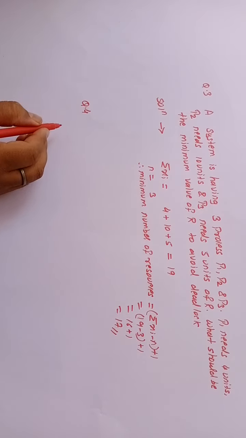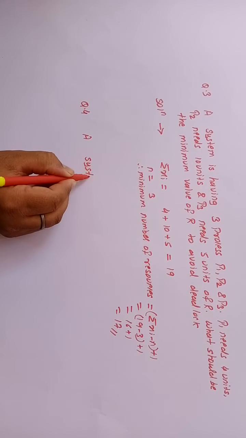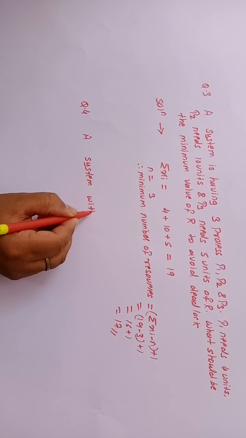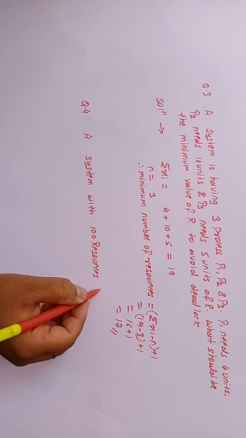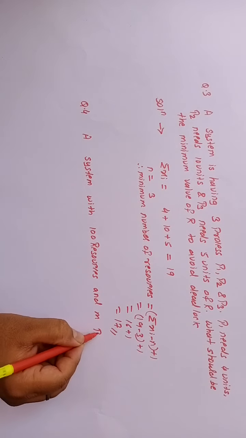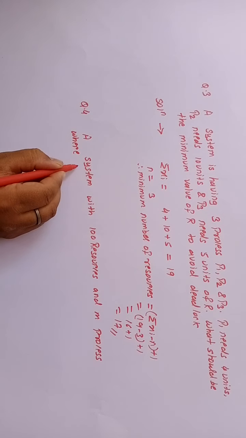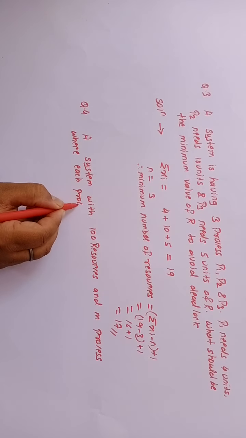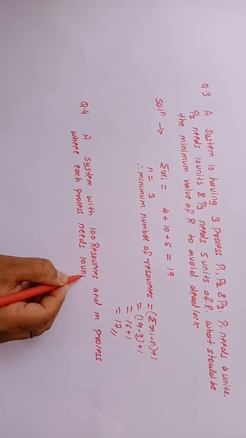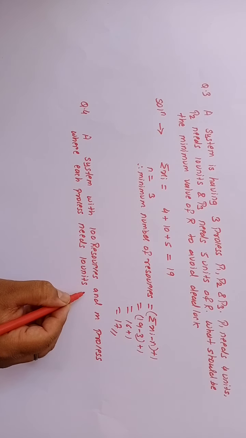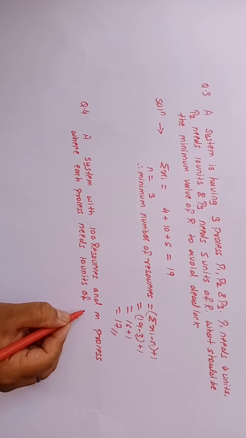Now we are going to see the next question, question number 4. A system with 100 resources and m processes, where each process needs 10 units of resource.